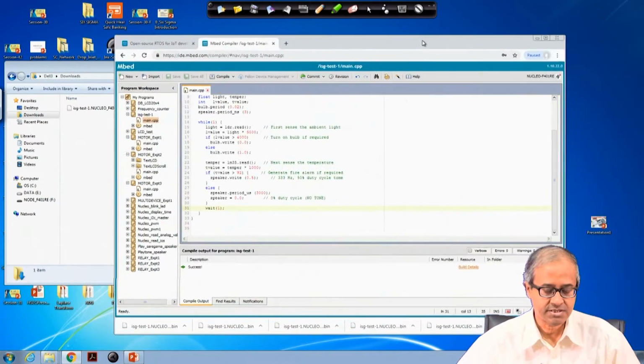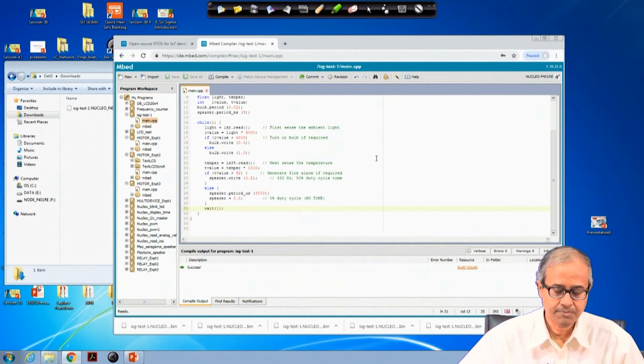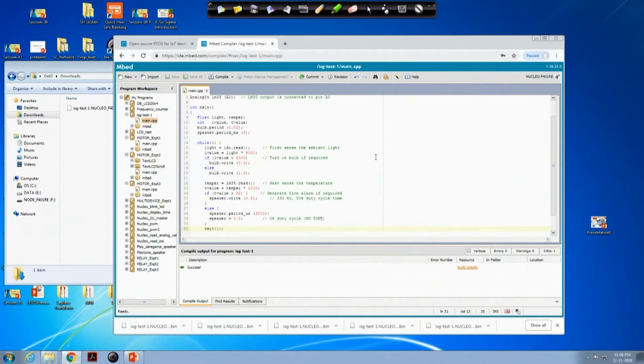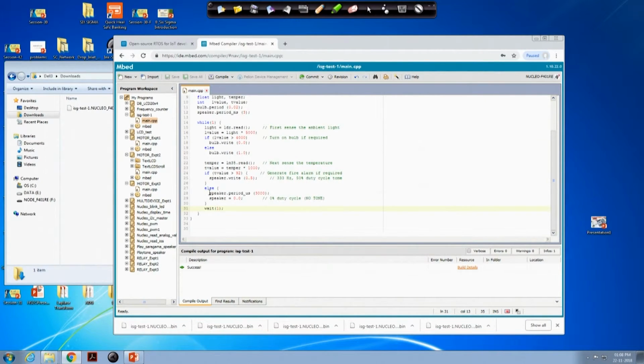So, this is the code. This line we can omit, we do not need this. So, let us compile this code.